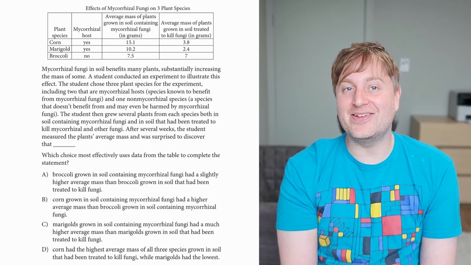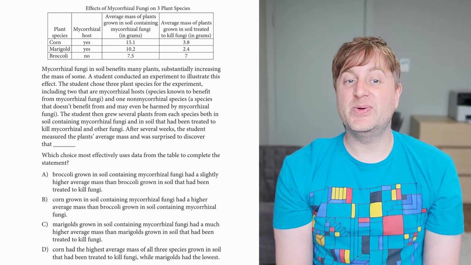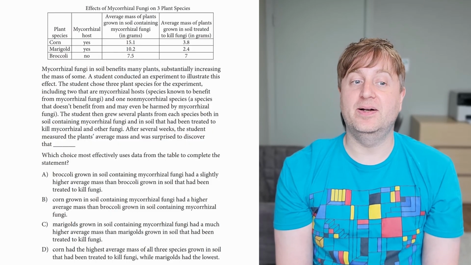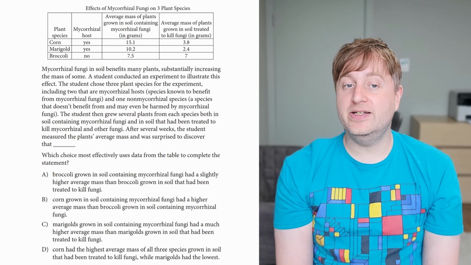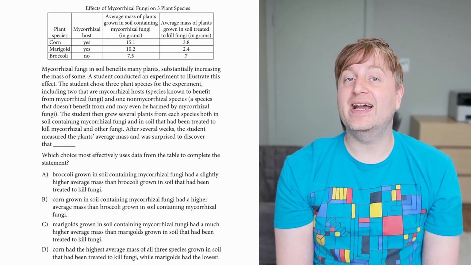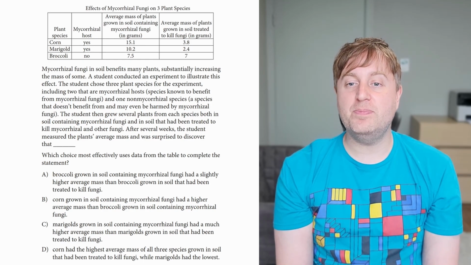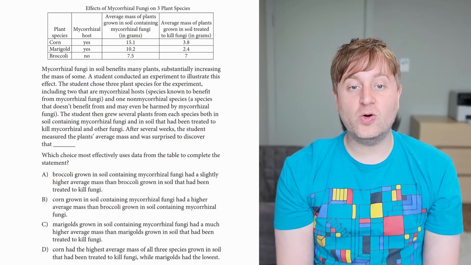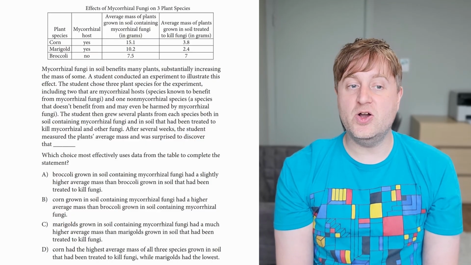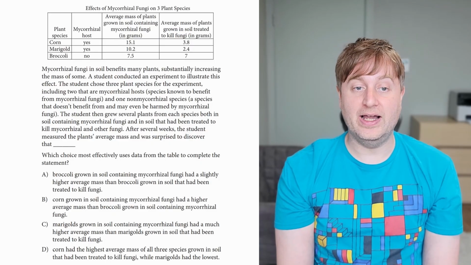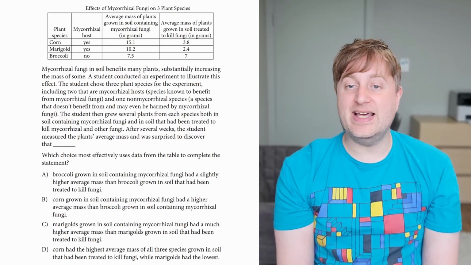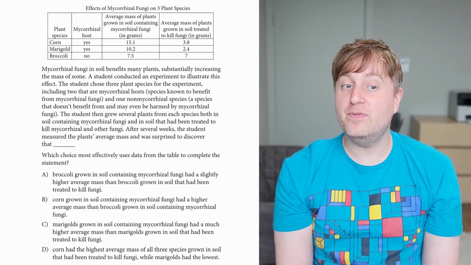Let's try that together. Mycorrhizal fungi in soil benefits many plants, substantially increasing the mass of some. A student conducted an experiment to illustrate this effect. The student chose 3 plant species for the experiment, including 2 that are mycorrhizal hosts, species known to benefit from mycorrhizal fungi, and 1 non-mycorrhizal species, a species that doesn't benefit and may even be harmed by mycorrhizal fungi.